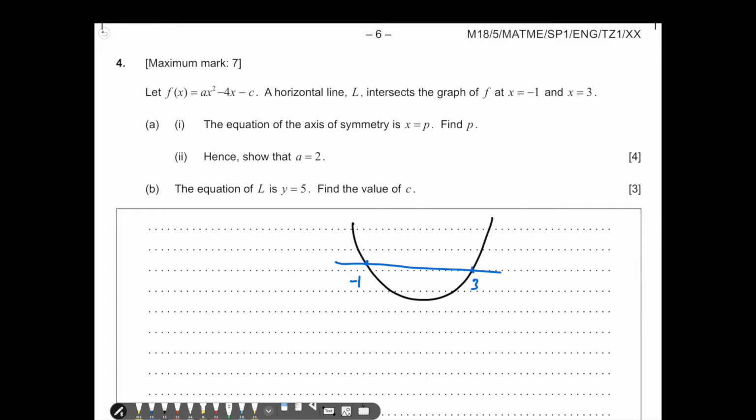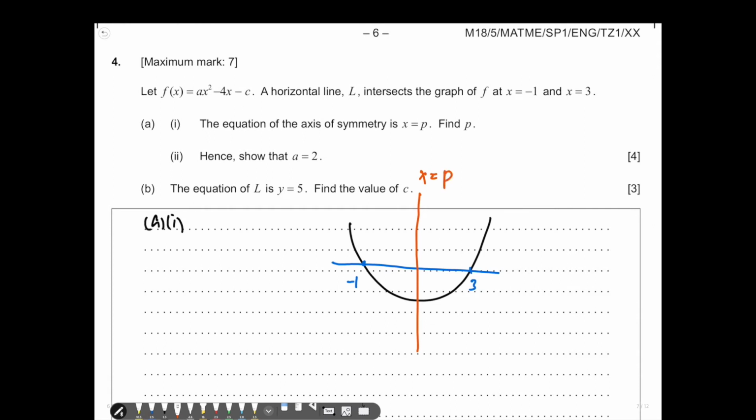At part A1 it states the equation of the axis of symmetry, x is equal to p. So we have a symmetrical line x is equal to p. How can we find p? In this question, we can find it very simply by finding the midpoint of these two values.